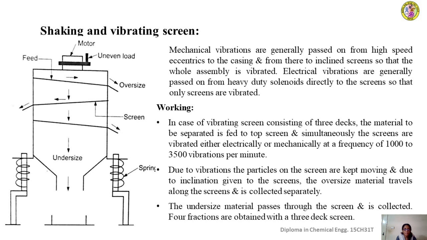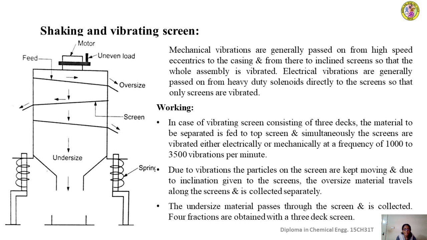Coming to the operation of a shaking screen. In case where there are three decks, the material to be separated is put on the topmost deck. Simultaneously, the screens are vibrated either electrically or mechanically. The usual frequency of operation or vibrations is around 1000 to 3500 per minute.